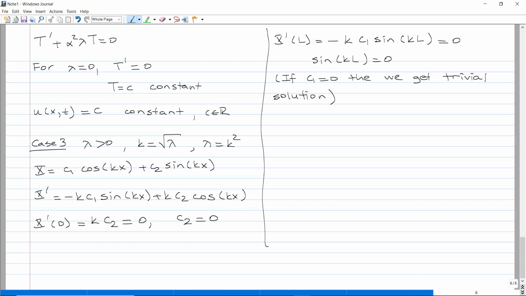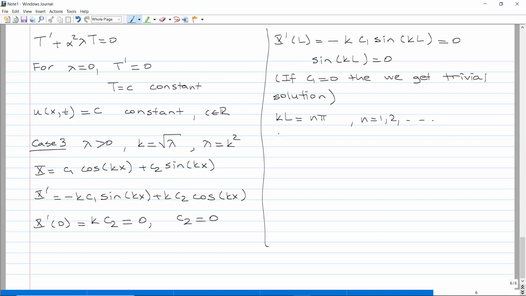Not x, I'm using x prime. My boundary condition is about x prime. So sine of KL 0 means KL must be a multiple of pi. So n starts from 1, 2, 3, and so on.